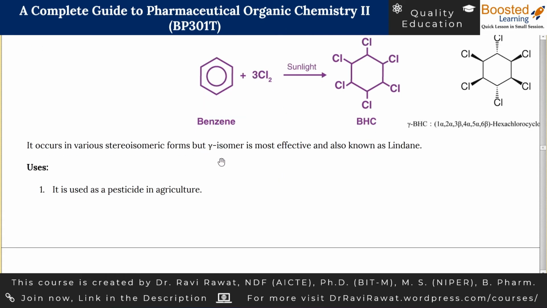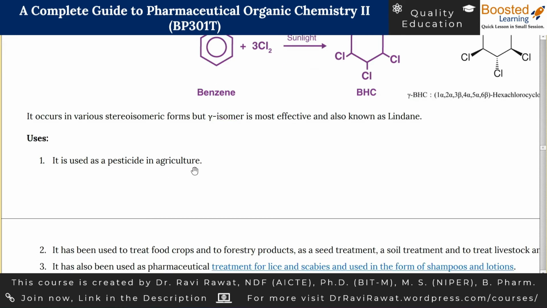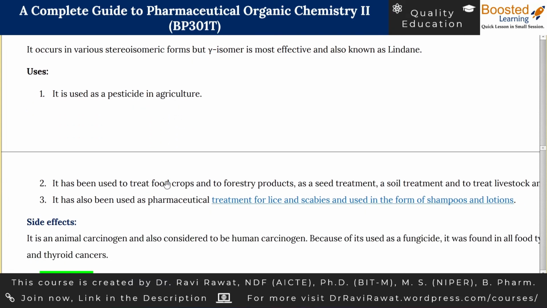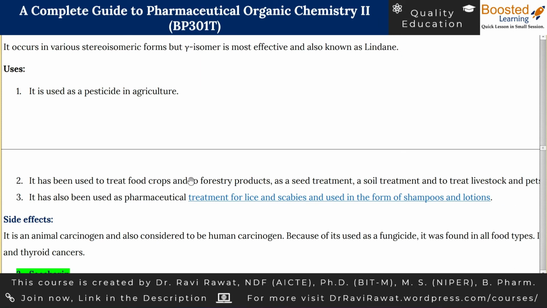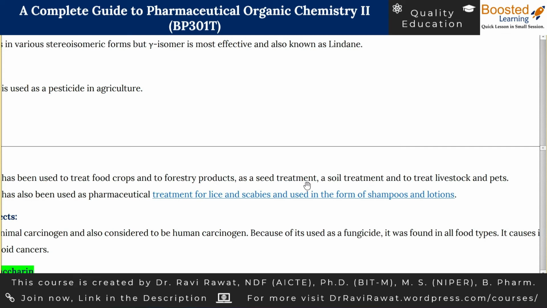When we talk about its isomerism, we refer to the gamma isomer only. BHC has many isomers and the gamma isomer is of our prime interest. As I have already told you, the use of BHC is as an insecticide and pesticide. It is also used to treat food crops and forestry products, such as in seed treatment.